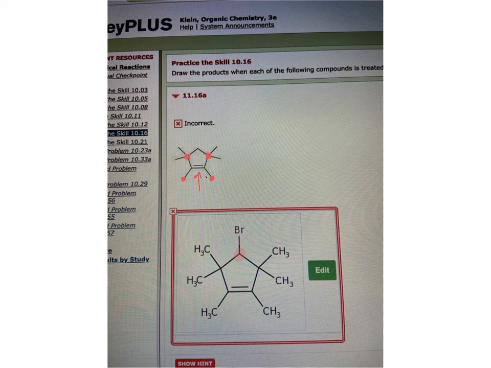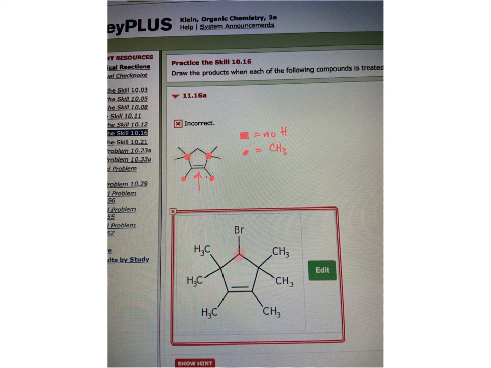So the circles are these identical allylic carbons, and then the squares are identical allylic carbons as well, bonded directly to the alkene. So our key, there's no H's bonded to those. So those are the squares, there's no H's. The circles, those are methyl groups, so those have allylic hydrogens that can be substituted, and that's what you're looking to do.